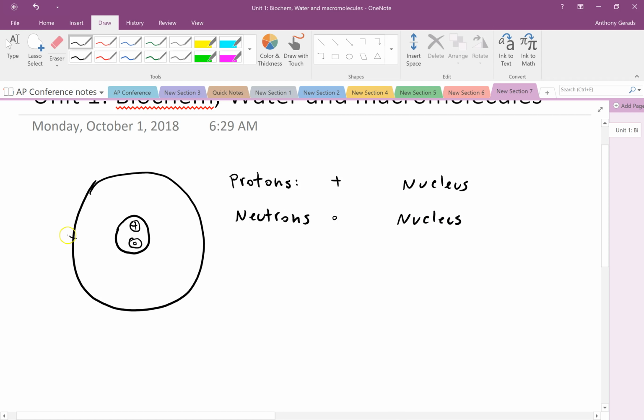I've got these little negative guys on the outside, all right? And these are our electrons. They're going to be negatively charged, and they're found on the outside, or the orbital, or the cloud. In the cloud. Okay, so that's going to be our biggest thing that we're going over for atoms.